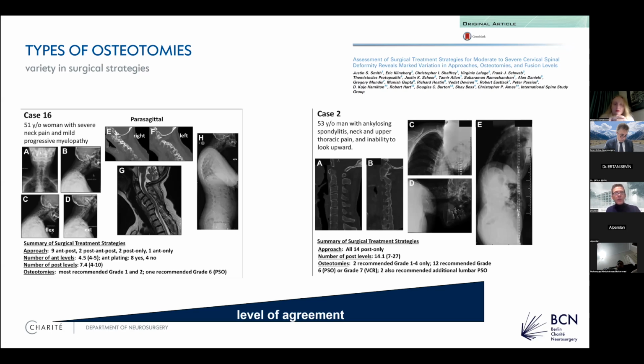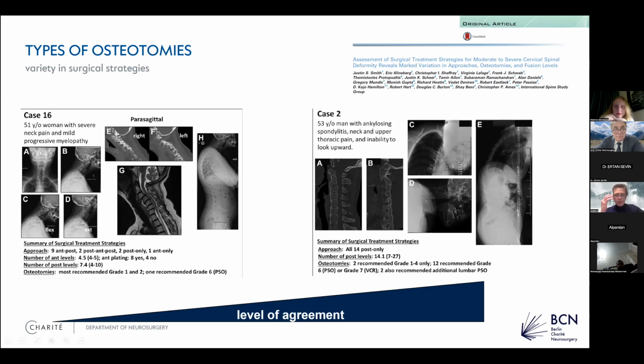This paper looked at the level of agreement. For example, this case was treated completely in a heterogeneous way among the surgeons. And then there are cases where there is quite good agreement, obviously in that mobile spine. There was good agreement in the recommended osteotomies.